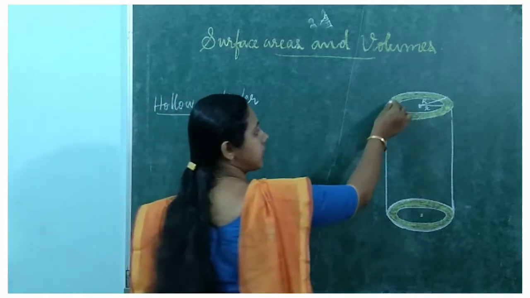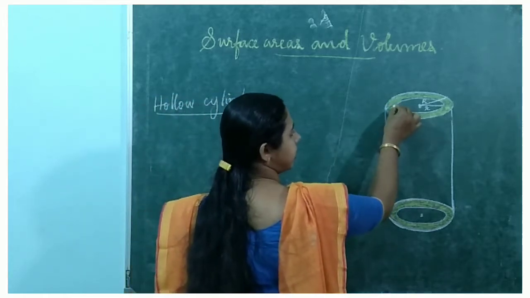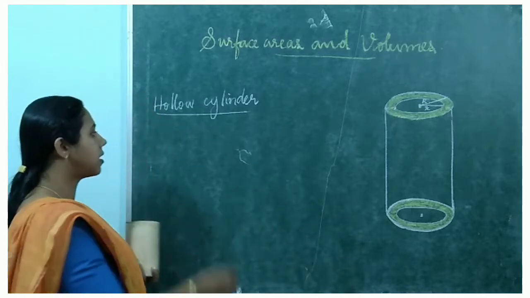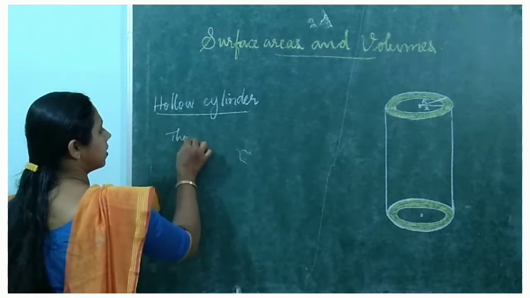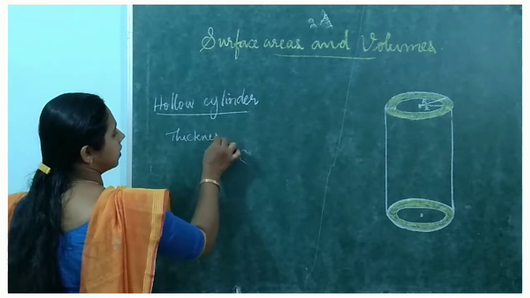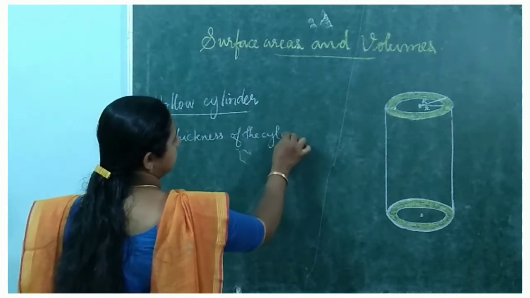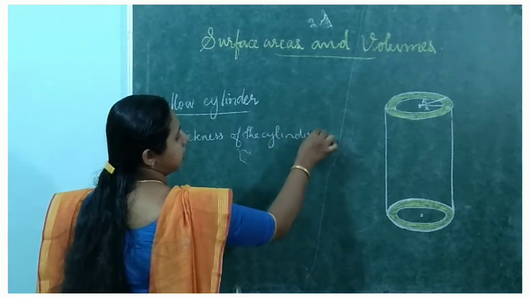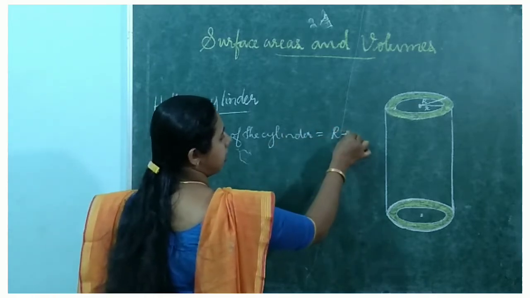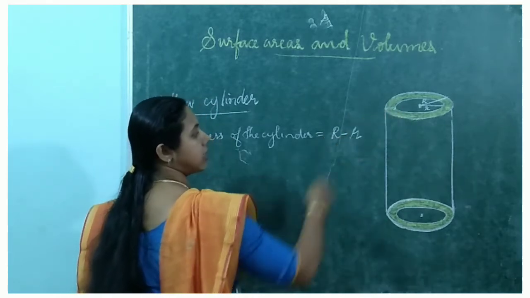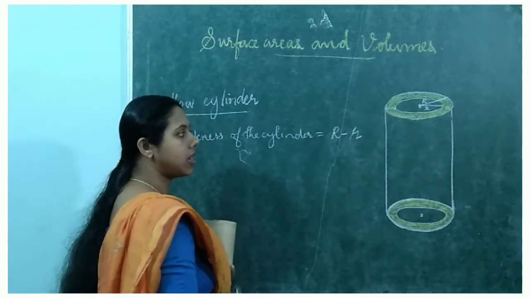So this yellow shaded region is the thickness of the cylinder. That thickness of the cylinder is equal to capital R minus small r, radius of the outer cylinder minus radius of inner cylinder.